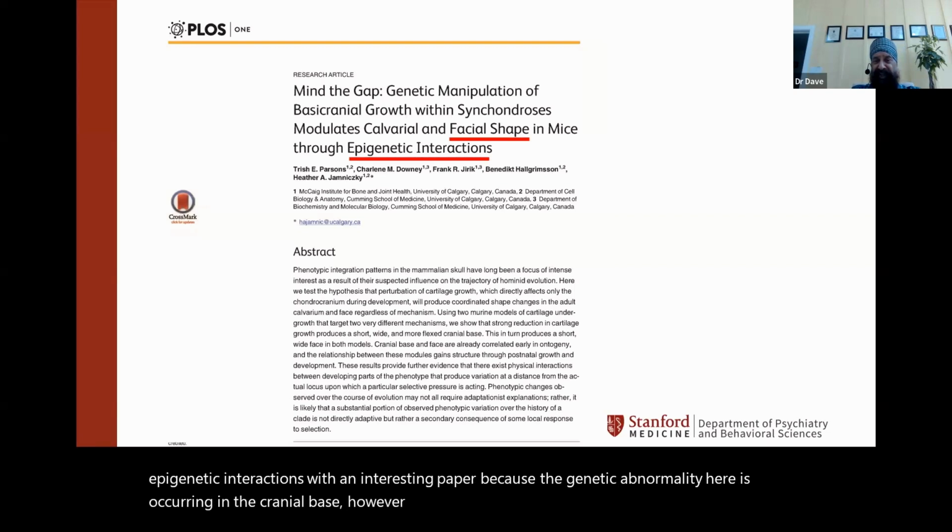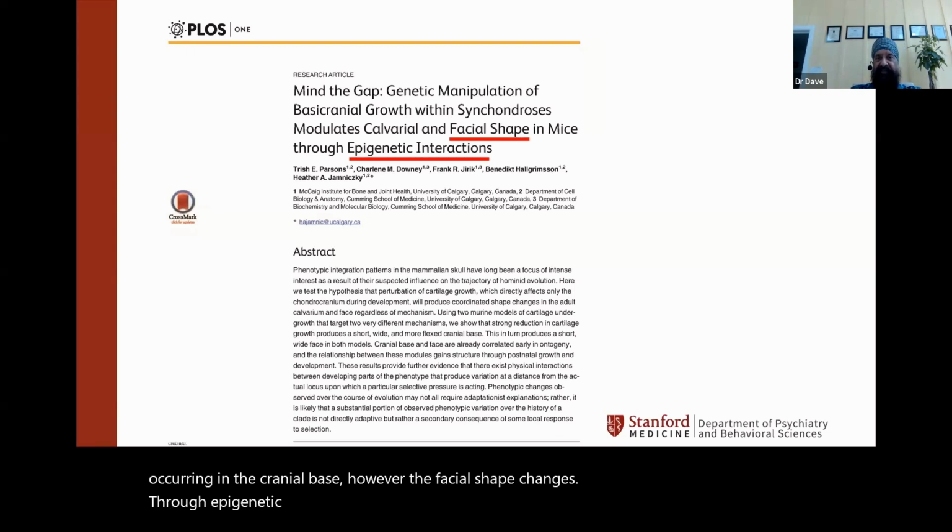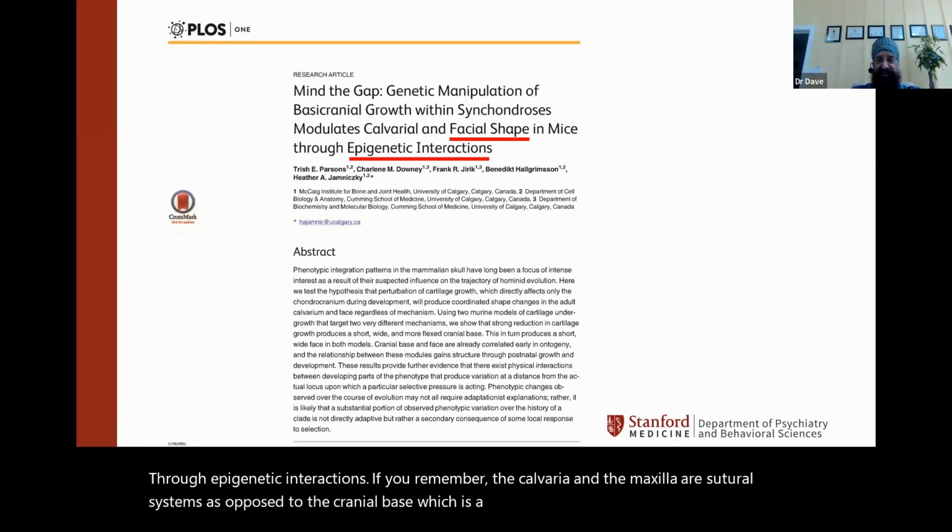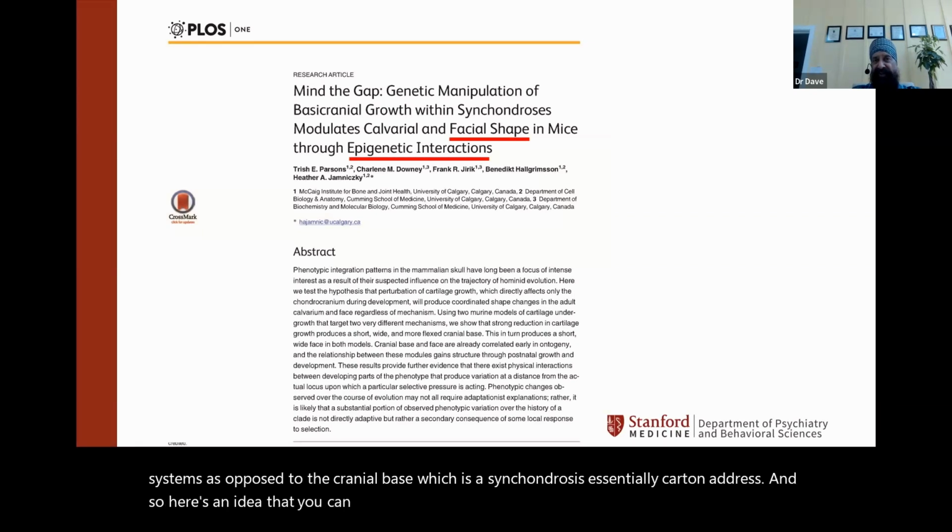However, the facial shape changes through epigenetic interactions. If you remember, the calvaria and the maxilla are sutural systems as opposed to the cranial base, which is a synchondrosis, essentially cartilaginous. And so here's an idea that you can change the facial shape, including the palate, through epigenetic interactions.